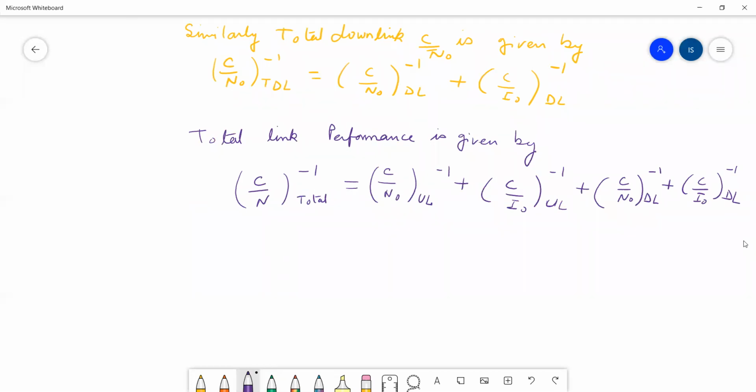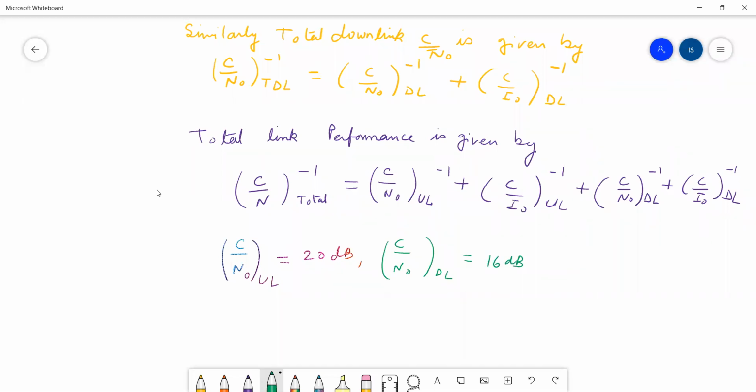Again, we will consider the system where C by N of uplink was given as 20 dB, and C by N naught of downlink was given as 16 dB.